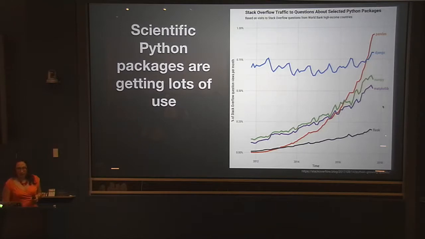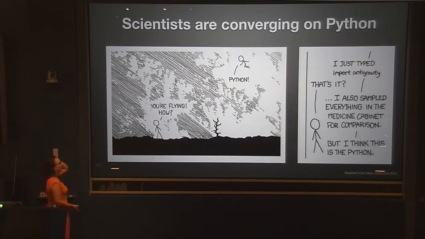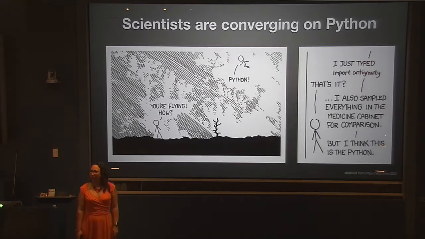But the point is that scientists are converging on Python, and I modified this XKCD slide just to let you know it's not just me that thinks that. If they make a cartoon about it, then it must be true. You see someone who's flying, and he's like, "How are you flying?" He's like, "It's Python." "How did you do that?" "I just typed import antigravity."